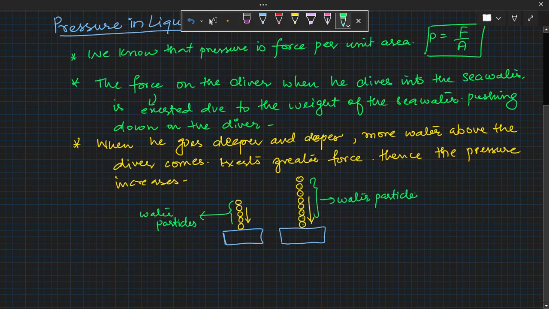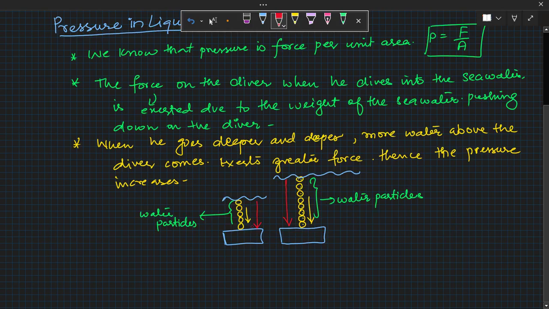So as we go deeper and deeper from the surface, if this is the level of the water, right? And this is the level of the water, clear? Now, what are you observing here? If you are far or deeper from the surface of the water, then more force will be exerted on the body, right?